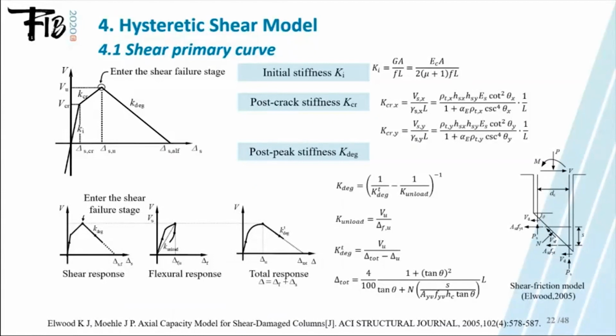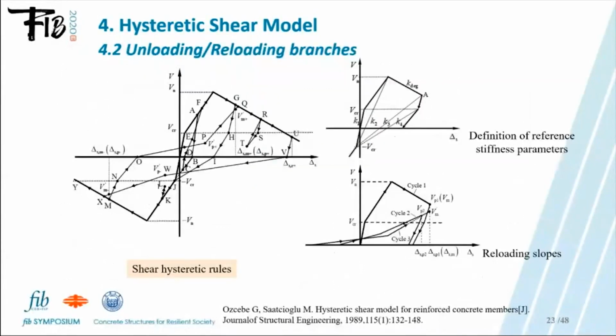Assuming that the lateral strength degrades to zero when the column loses vertical load carrying capacity, the lateral displacement at that point is predicted using the axial capacity model proposed by Elwood and Moehle. The post-peak degraded stiffness then can be calculated.